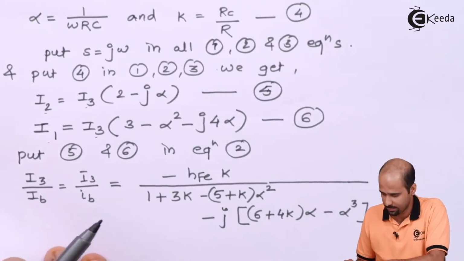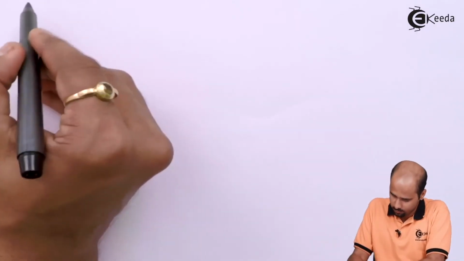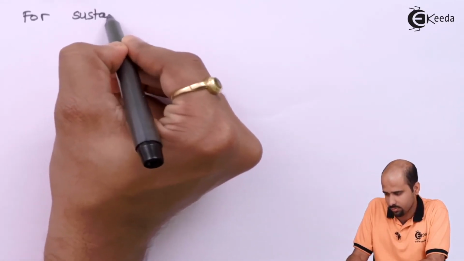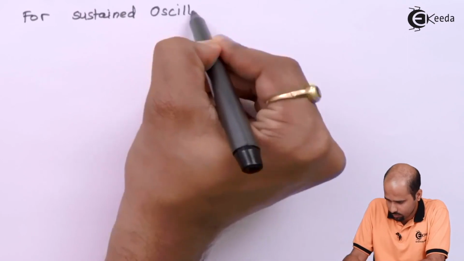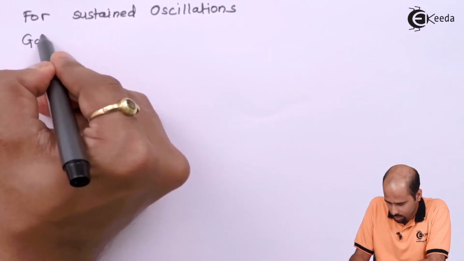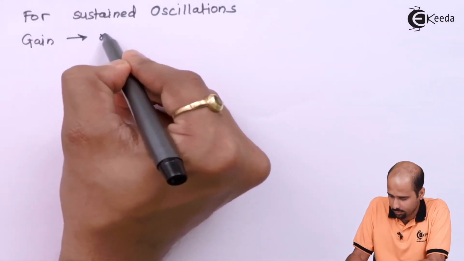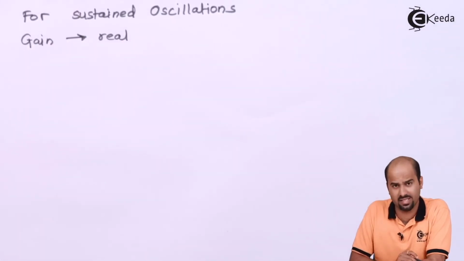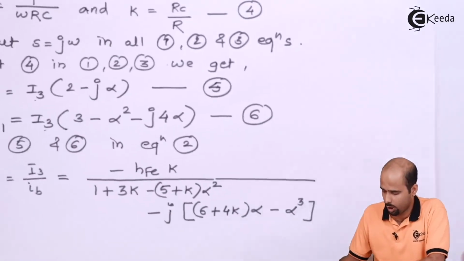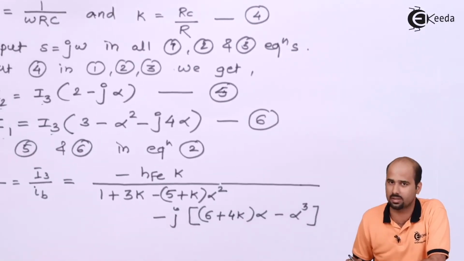So I can say that for sustained oscillation, gain is real. If gain is real, then whatever imaginary part I obtain in the denominator will be 0.